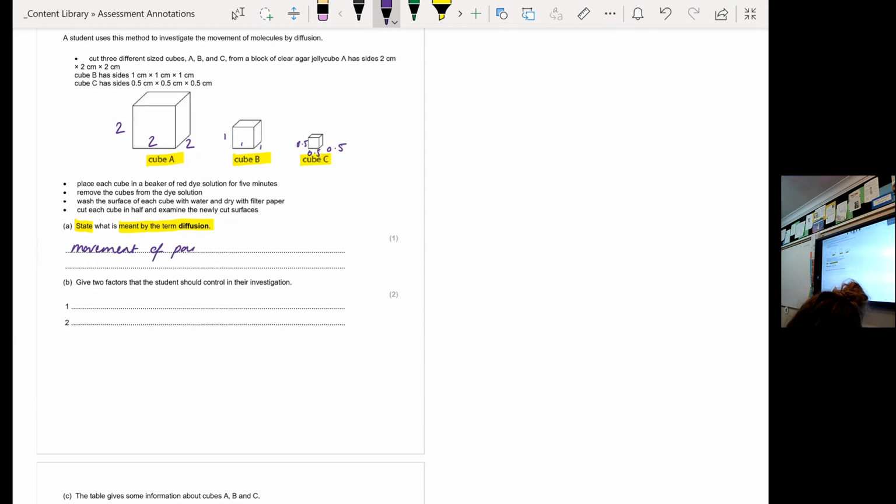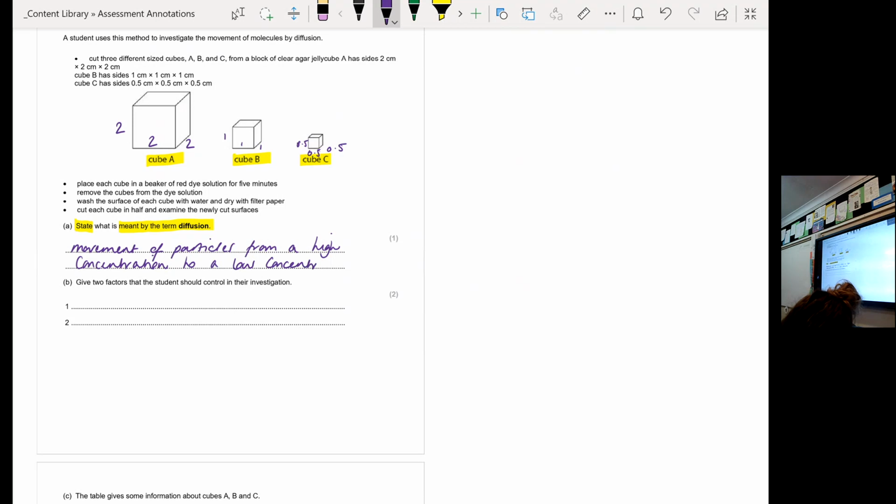So you need to give me the actual definition for diffusion, which is movement of particles, you can say substances, or molecules or ions, whatever you want to say, movement of particles from a high concentration to a low concentration.